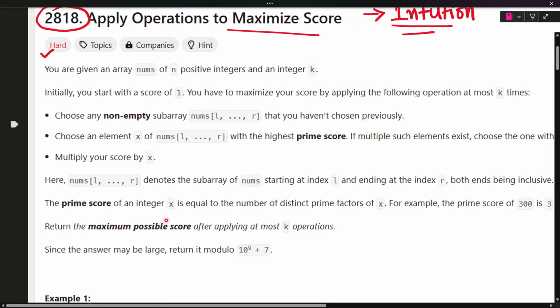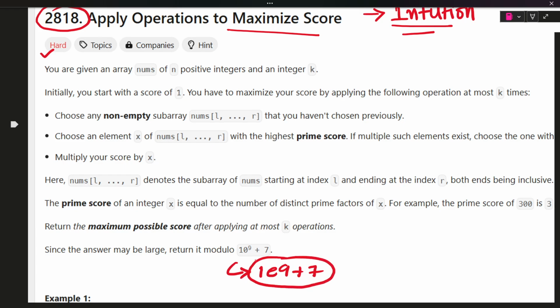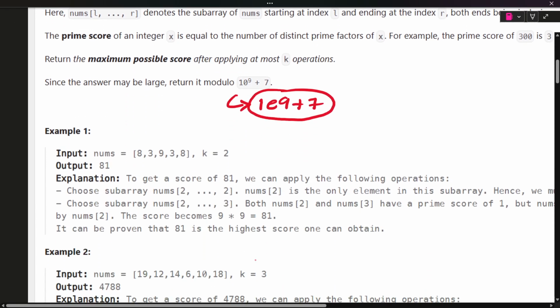Return the maximum possible score after applying at most k operations. The answer may be large, so return it modulo 10 raised to power 9 plus 7. So, this is the question.